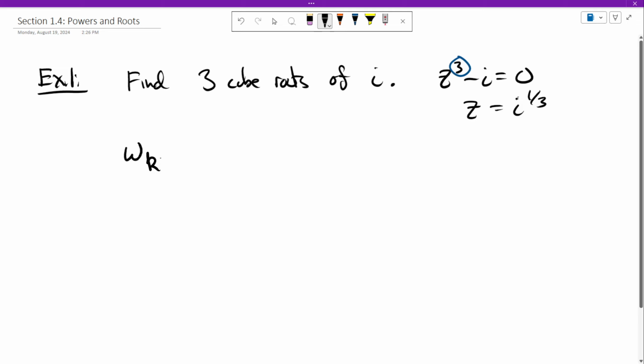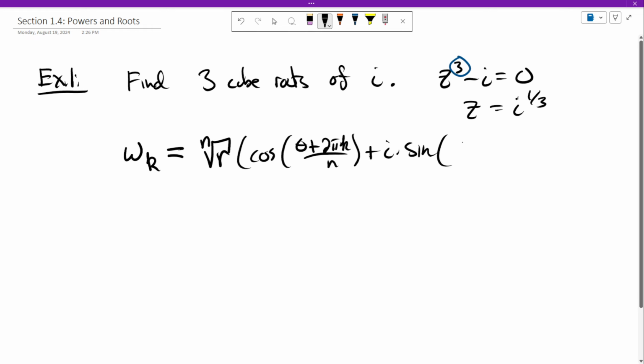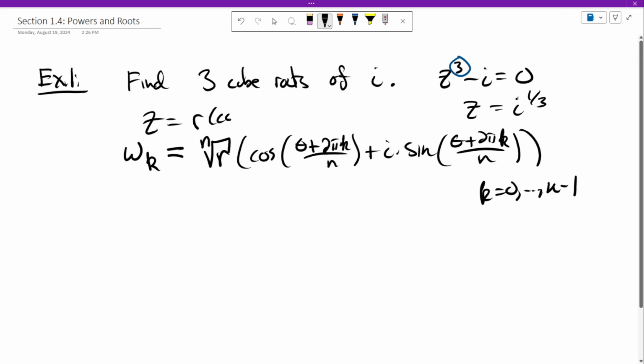In the notation of the book, w_k is going to be the nth root of r, and I'll quantify what these are in a minute, times cosine of (theta plus 2 pi k over n) plus i sine of (theta plus 2 pi k over n). This is for k from 0 up to n minus 1, and for a z that looks like r times (cos theta plus i sin theta).